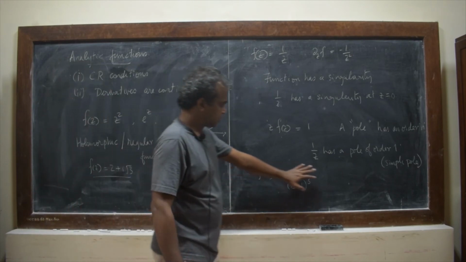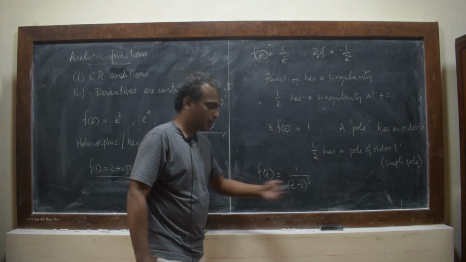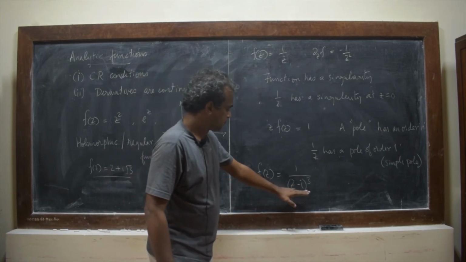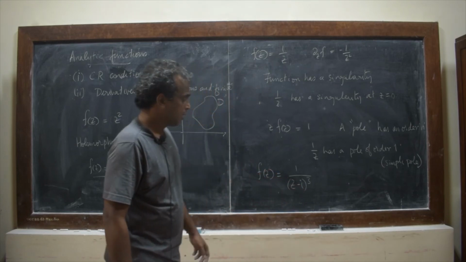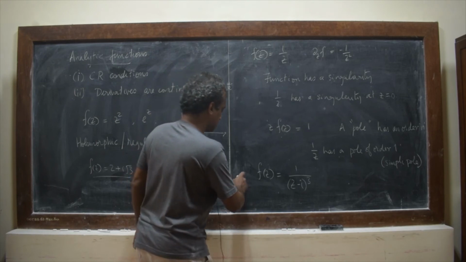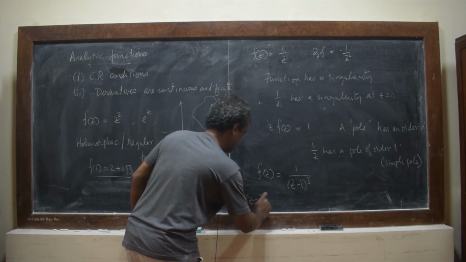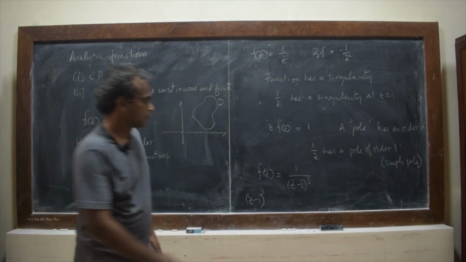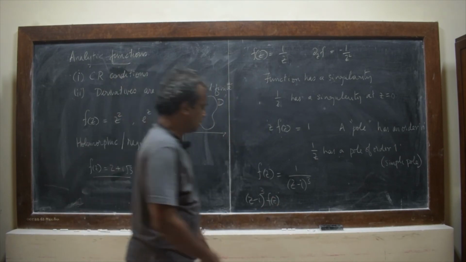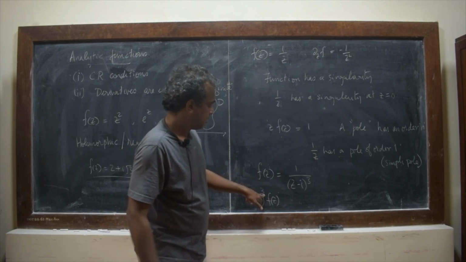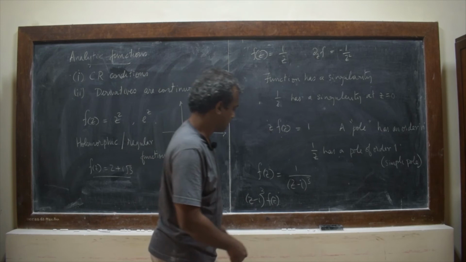Everywhere else the function is analytic, and the singularity that the function has at z equal to i can be removed by multiplication with z minus i cubed. The order of that polynomial that we need to multiply to remove that singularity is 3.